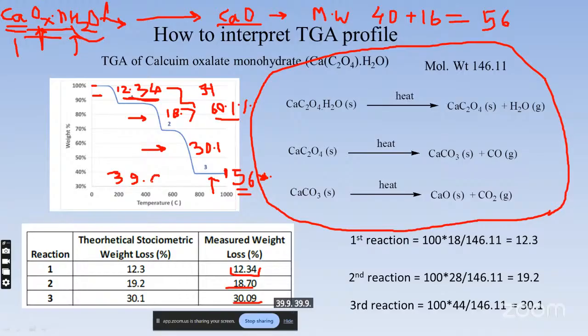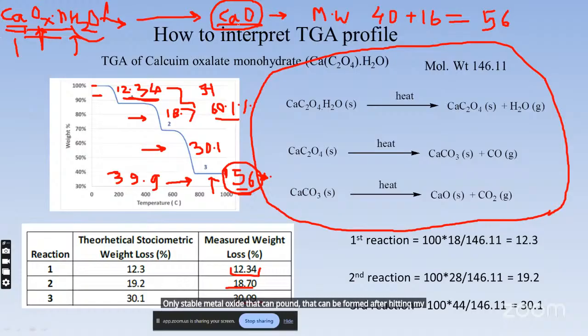Now, 39.9 percent weight is related to the molecular weight of 56. Where does 56 come from? We assumed the only stable metal oxide that can be formed after heating my sample is calcium oxide.